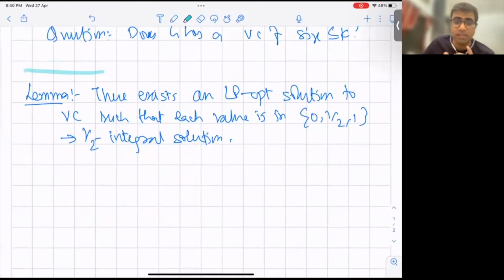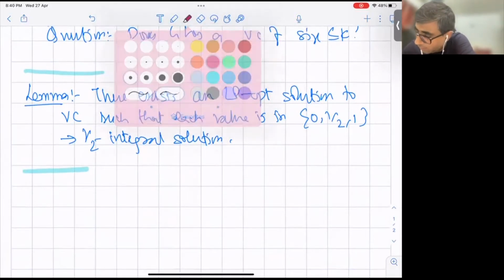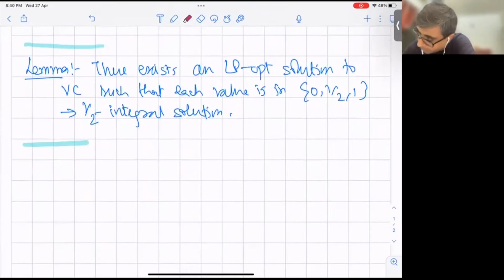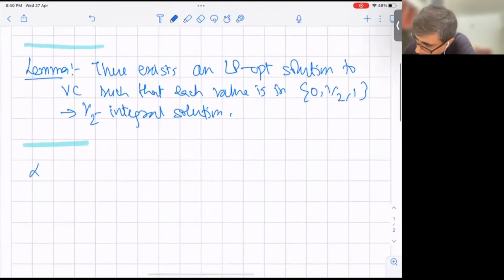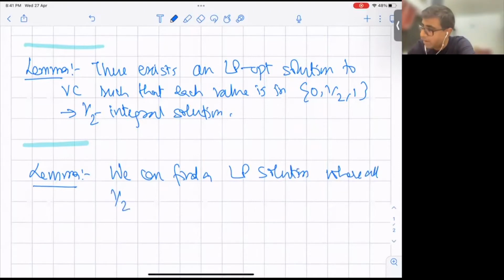So this was the key fact on which our algorithm was supposed to be built. And then the second fact that we had was that we can find an LP solution where all half is the unique solution.